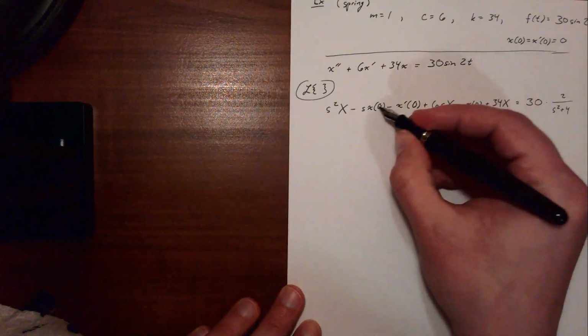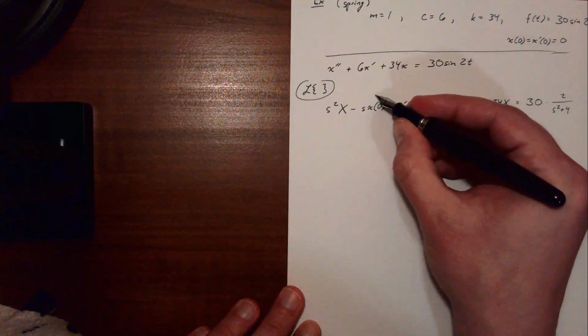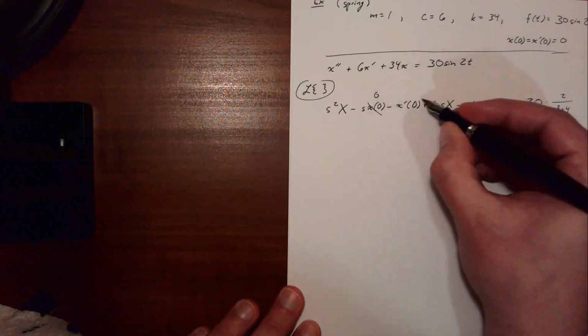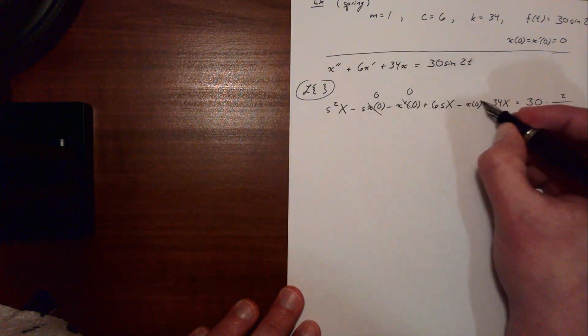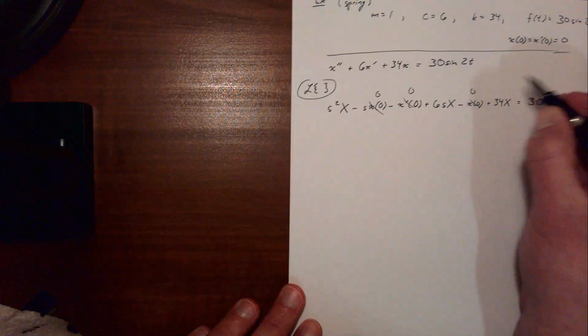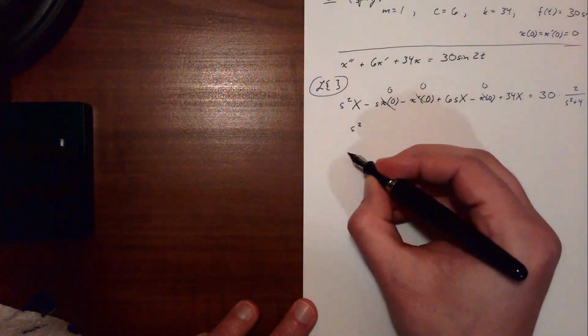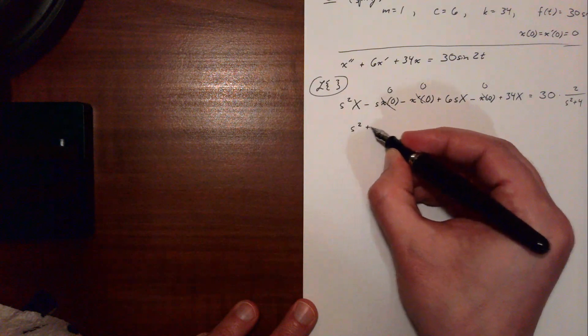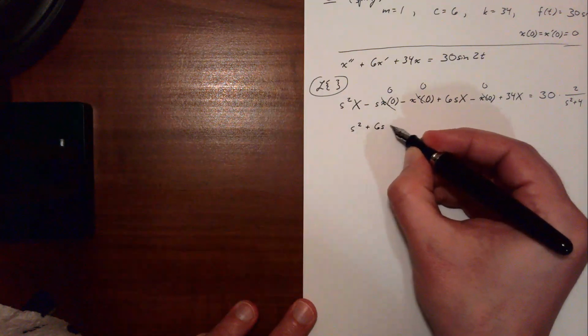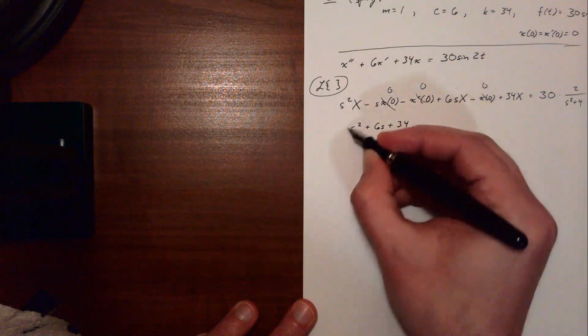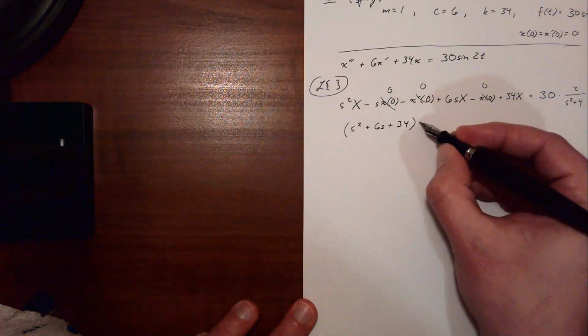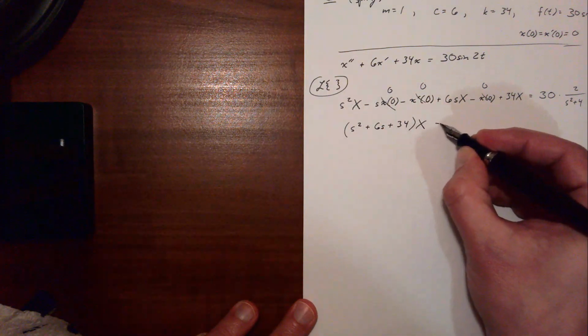All right, so these are equal to 0, 0, and 0 by our initial conditions. So what we have then is s squared plus 6s plus 34, all as a factor of our X.